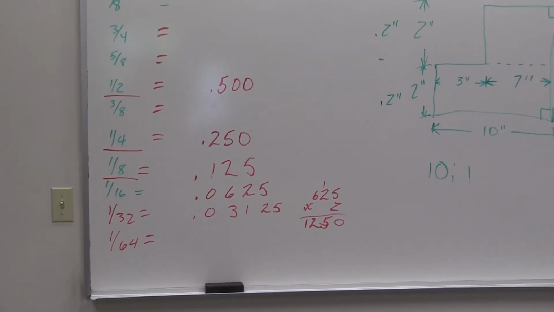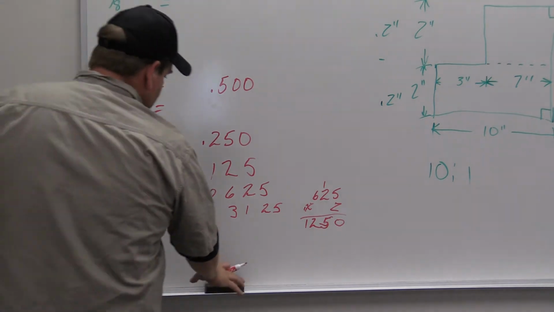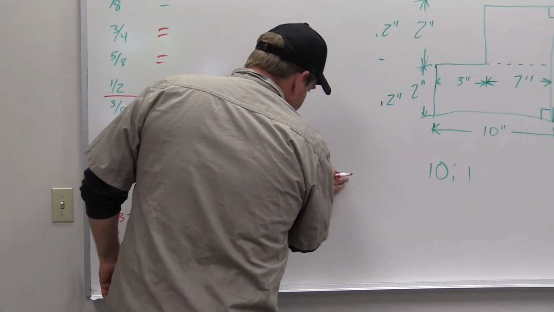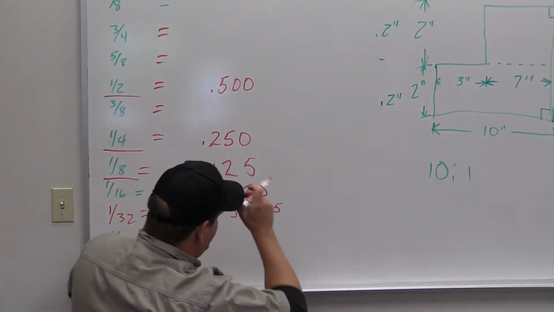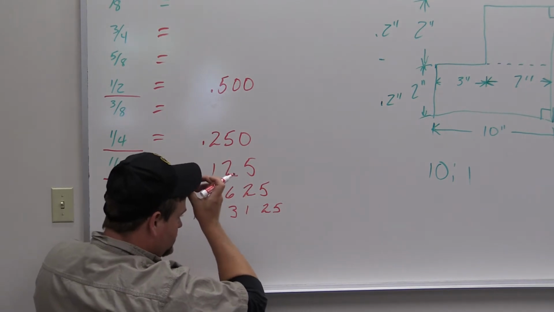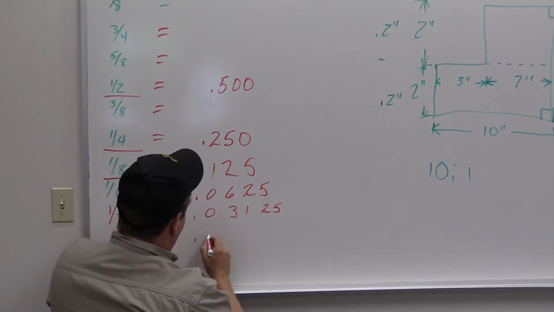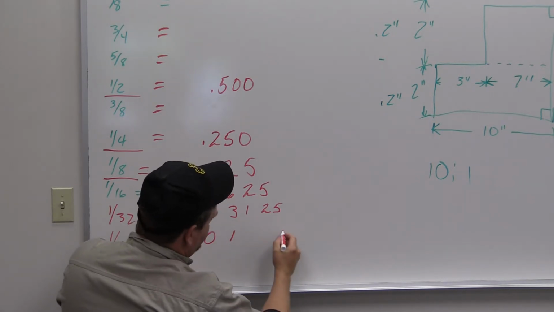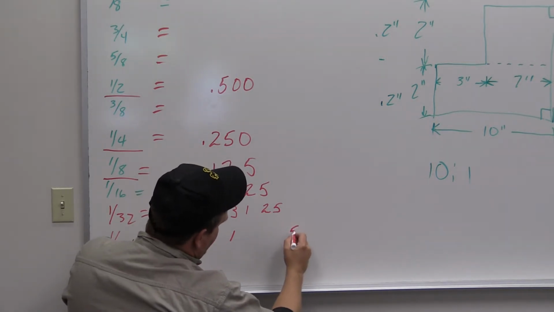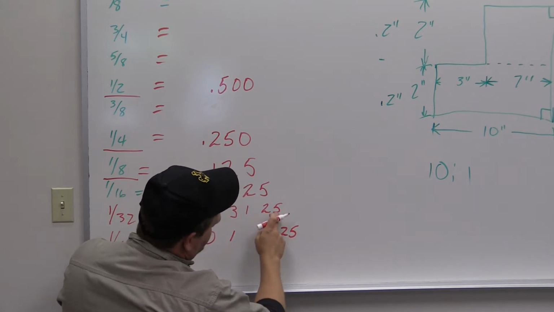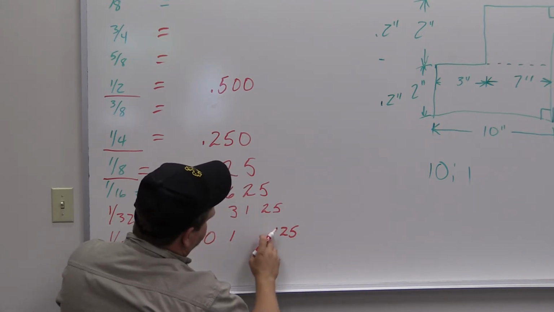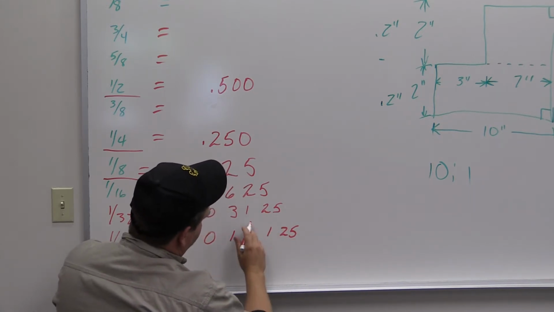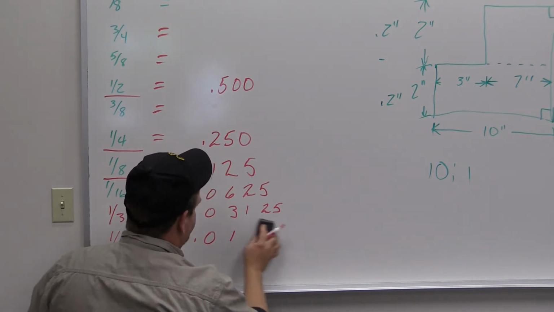Down into the 1/64th range. Okay? Break this in half again. 0.0. We know it's 1.5, so let's go start from the back here. We got 5. 25 goes into 50. Okay? Sorry.